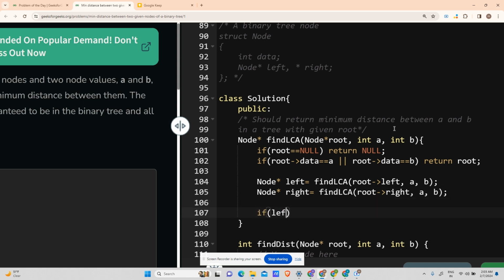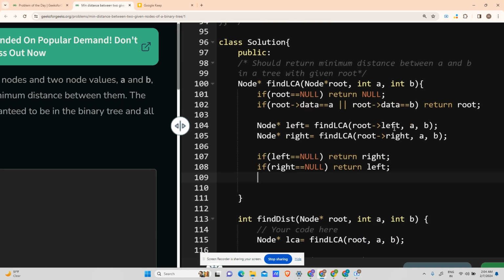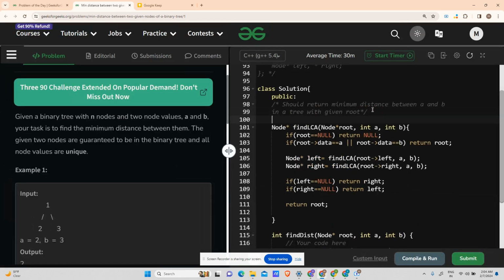Now if my left is equal to null, return right. If my right is equal to null, return left, sorry, in this case. If both of them are not equal to null, in that case return root. This was my code for LCA.